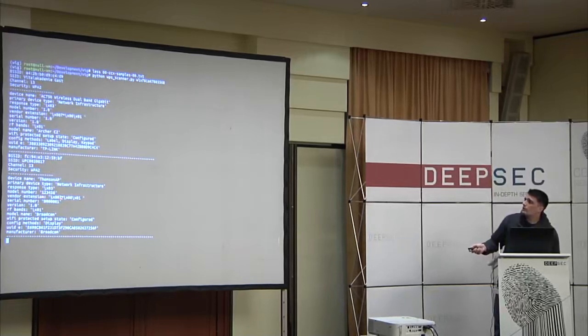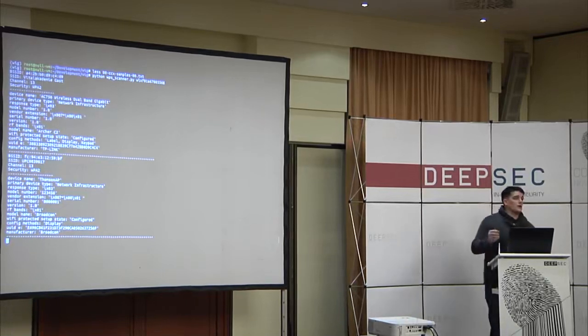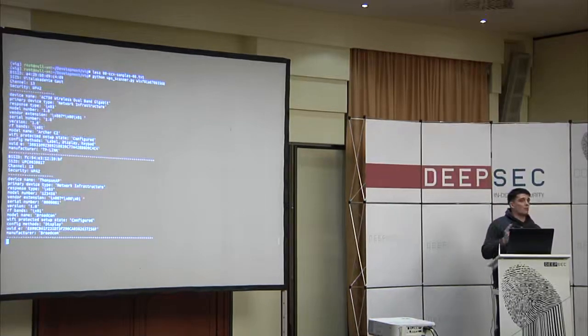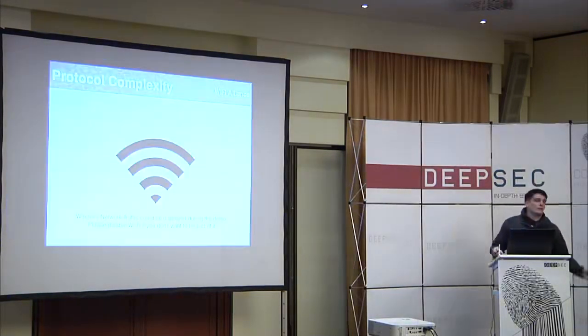Here we have the model number that appears to be fake, the serial number that is fake. And here we have the model of this access point. All this information can be gotten passively, okay? You don't have to send even one frame. So again, protocols and specifications giving us things that maybe we don't want to have, but they are there, okay?